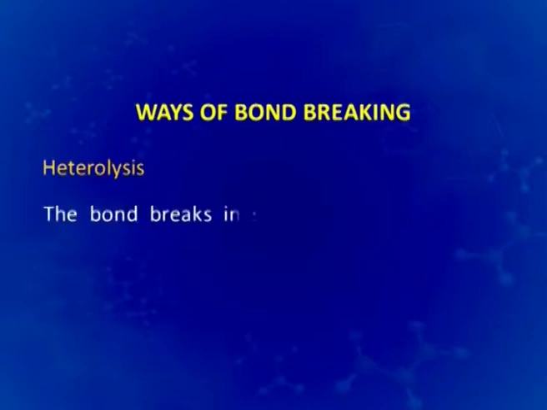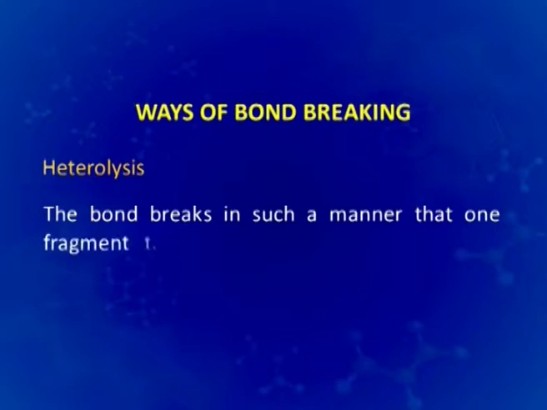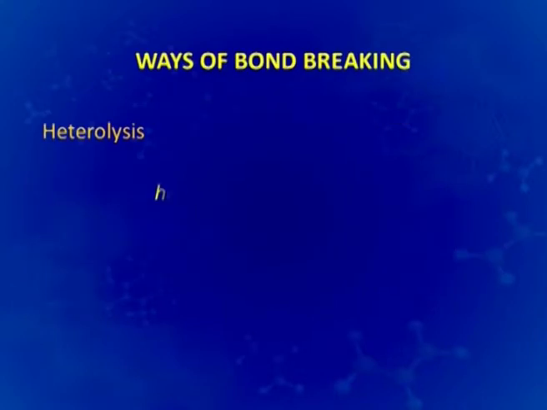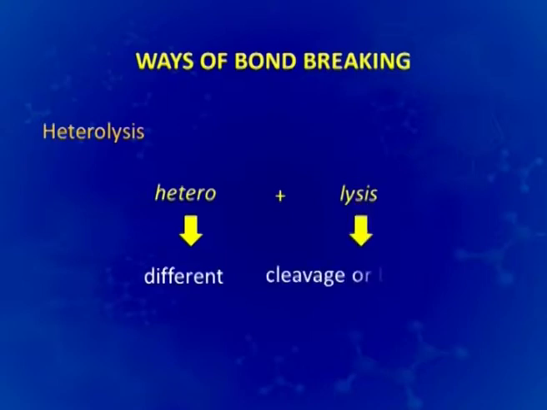The bond breaks in such a manner that one fragment takes away both electrons of the bond, leaving the other fragment with an empty orbital. Heterolysis is made up of two words: hetero means different, lysis means cleavage or breaking, which means that the bond breaks in a heterolytic manner.